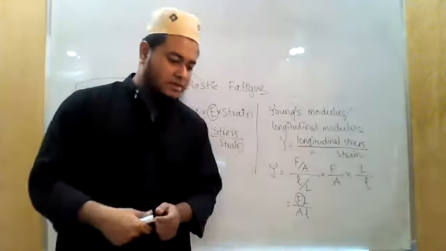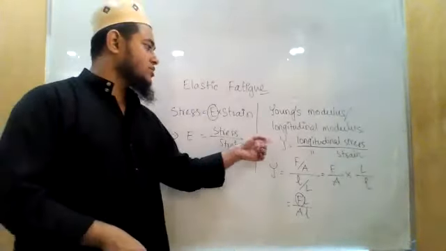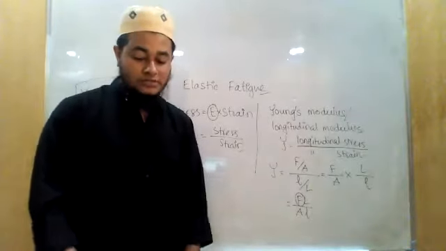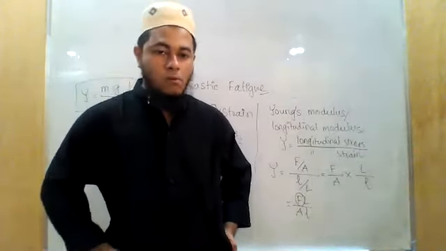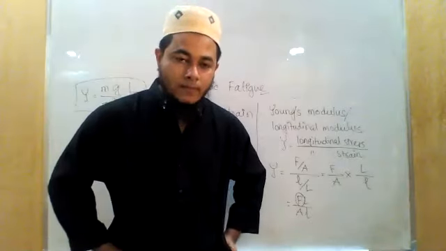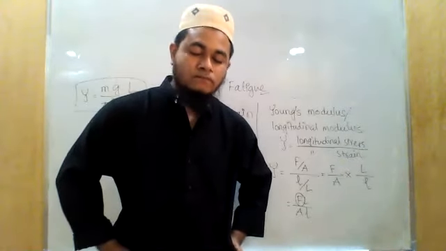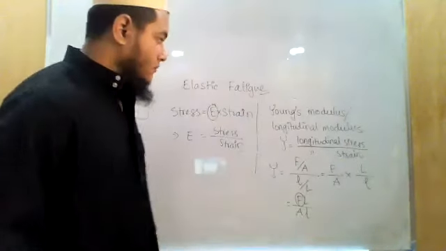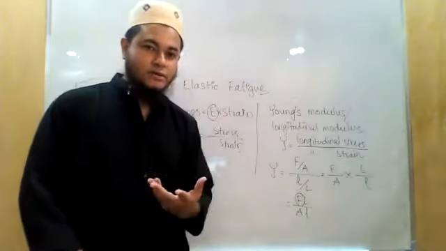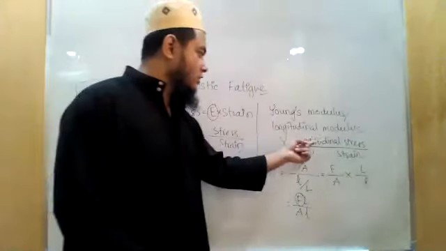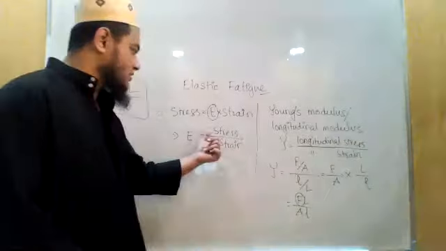Now, can anybody tell me what is going to be the unit of this Young's modulus? Newton per meter square. Very good. Why is it Newton per meter square? That is the unit of pressure, right? We know that longitudinal stress is actually pressure.